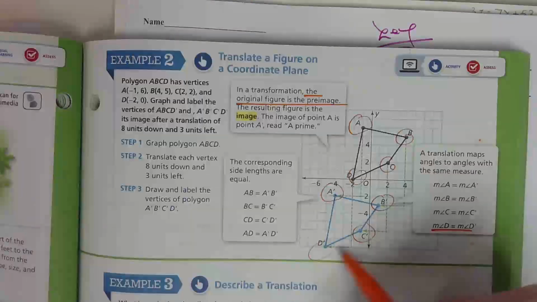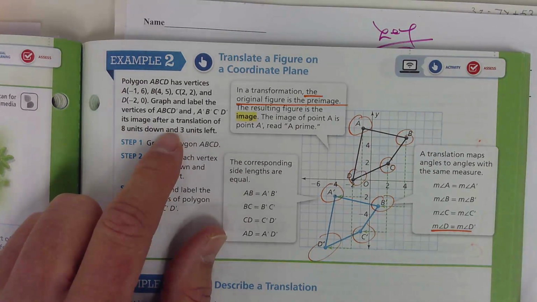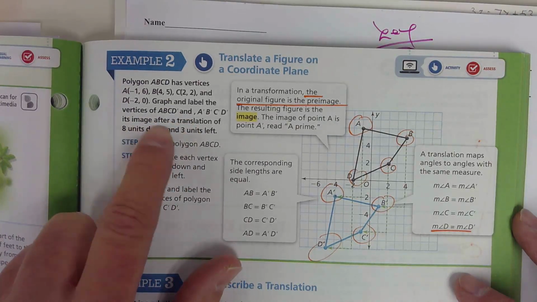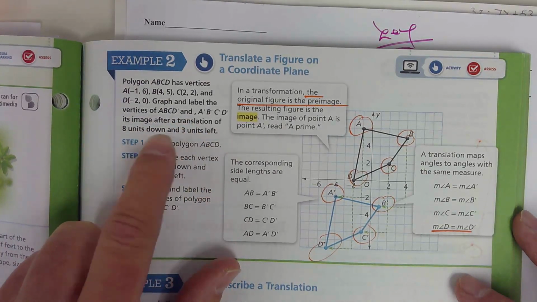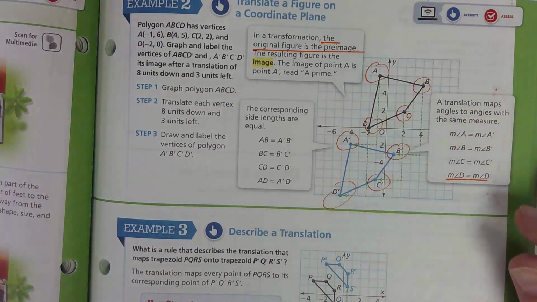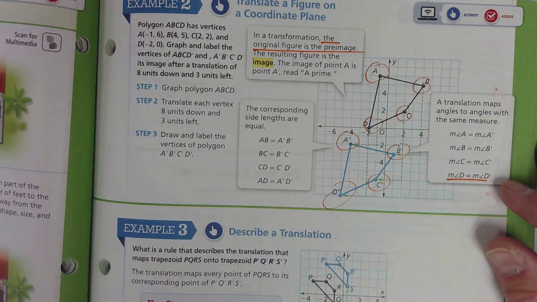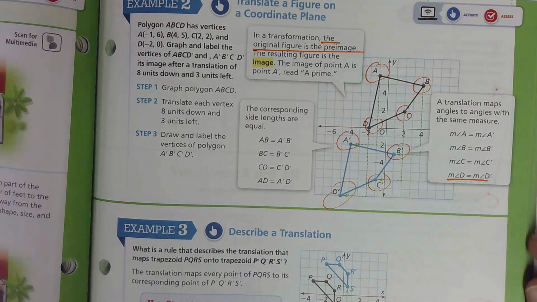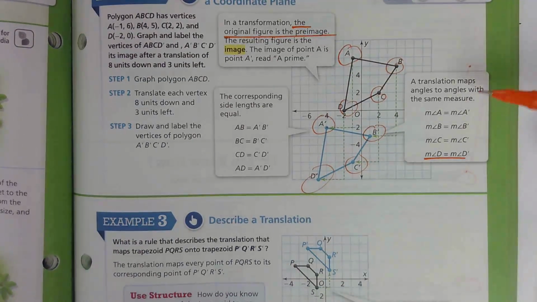Prime and D prime. And after, let's see here, its image has been translated 8 units down and 3 units to the left. Well, they've done that for us here. They moved it 8 down and 3 to the left. And so when you draw your new figure, you would label all the vertices prime. And right here it's just talking about the angles.